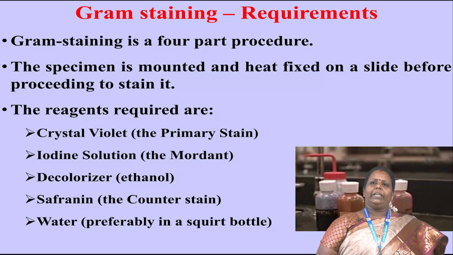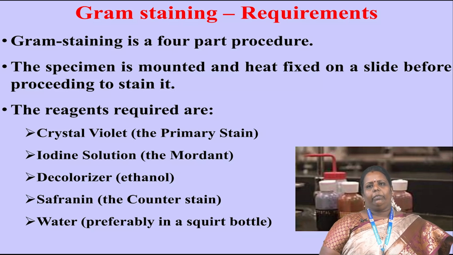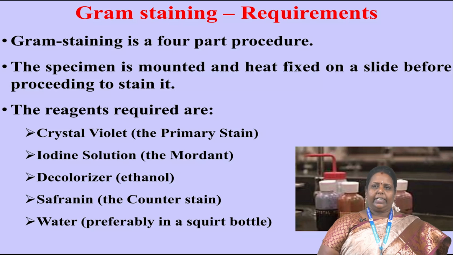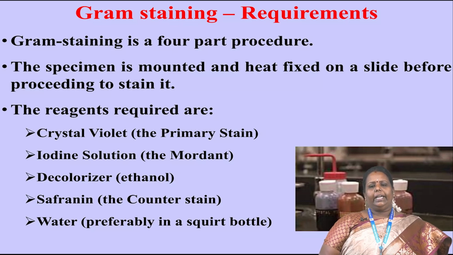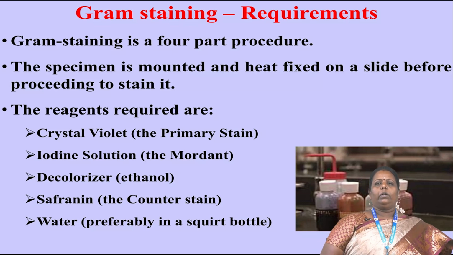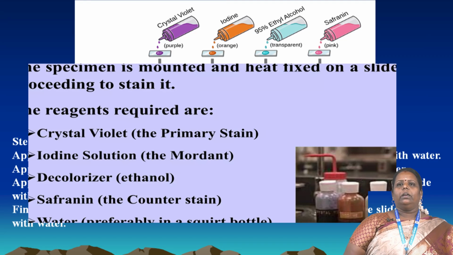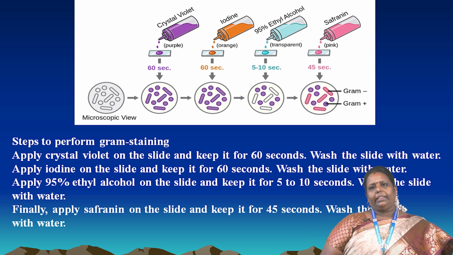Normally the specimen is mounted and heat-fixed on the slide, and we identify it using reagents: crystal violet, iodine solution, decolorizer, safranin, and water. This is the basic procedure for the gram staining method.